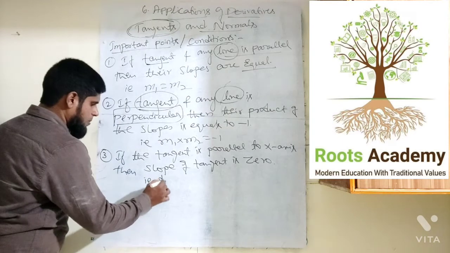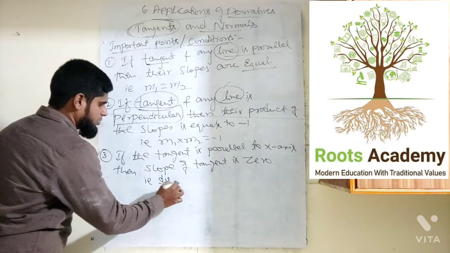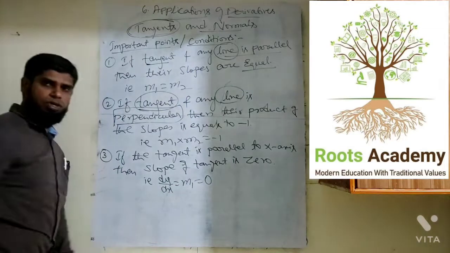That is dy by dx is equal to m1 is equal to 0.